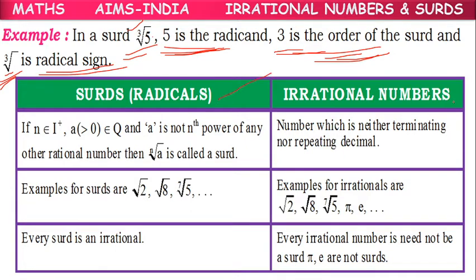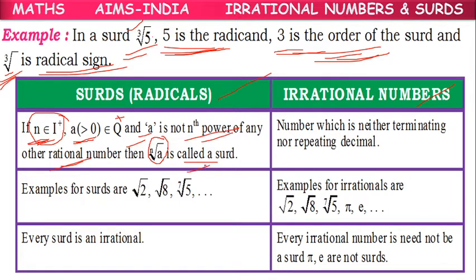Let's compare surds and irrational numbers. So what is a surd? If n belongs to I plus, meaning n is a positive integer, and a is greater than 0, belonging to Q plus, meaning a is a positive rational number, and a is not the nth power of any other rational number, then the nth root of a is called a surd.